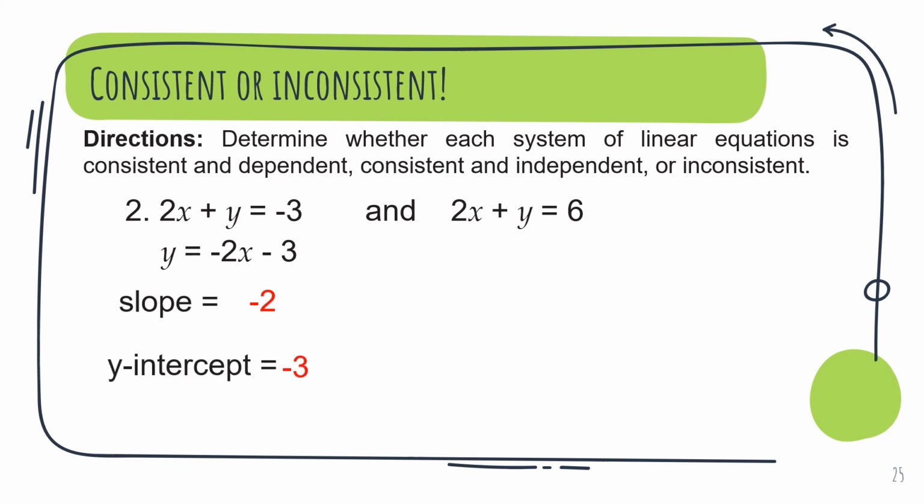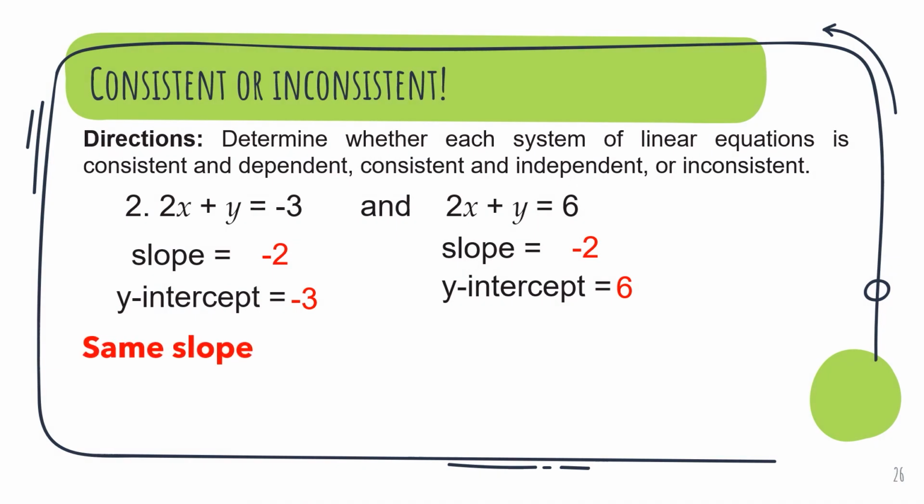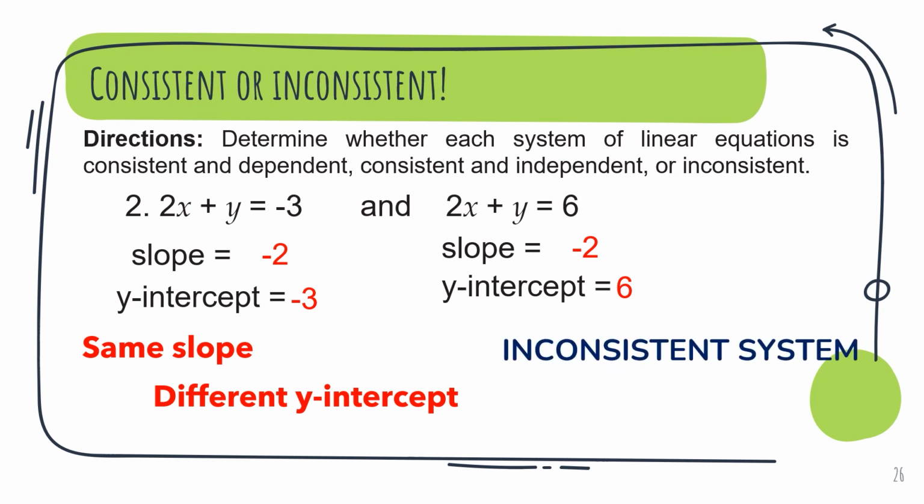And for 2x plus y is equal to 6, that will now be y is equal to negative 2x plus 6. The slope is negative 2 and the y-intercept is positive 6. The slope is the same but the y-intercept is different, so that is an inconsistent system.